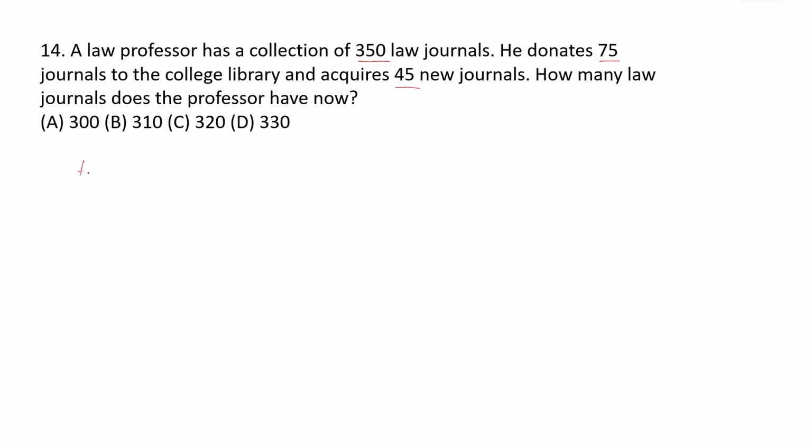So the total journals the professor has: 350 he had already. He donated 75 and then he acquired 45, right? This is the scenario. 350 minus 75 plus 45. You just calculate it, you will get the answer.